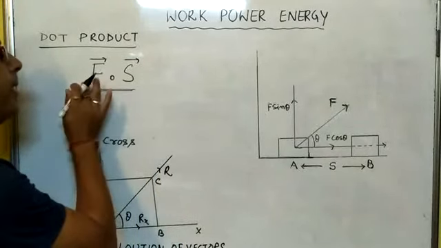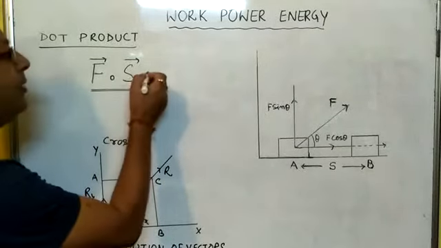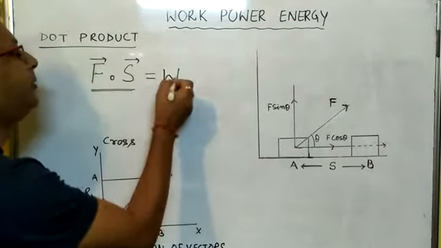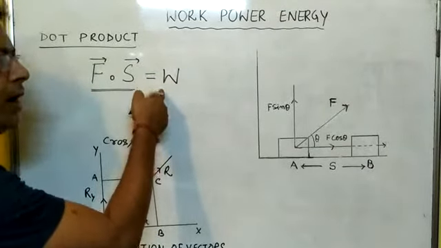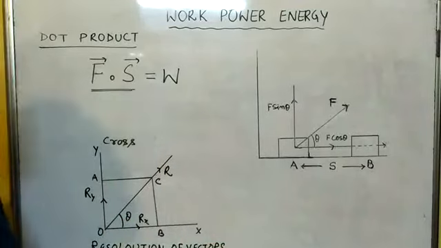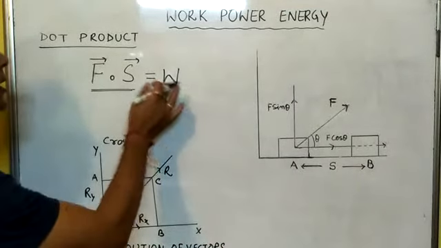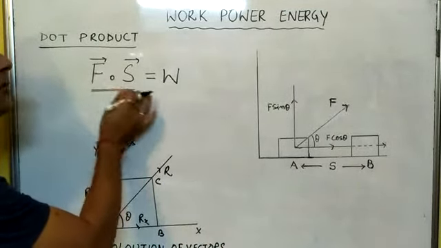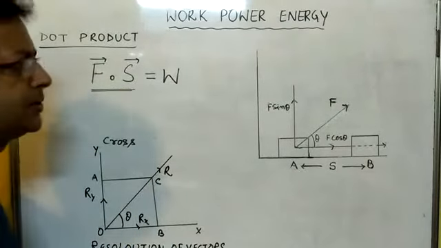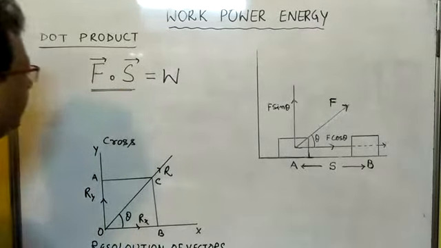Their dot product, F bar dot S bar, gives W, and W is work, a scalar quantity. So work is the dot product of force and displacement. This is one thing you should know.